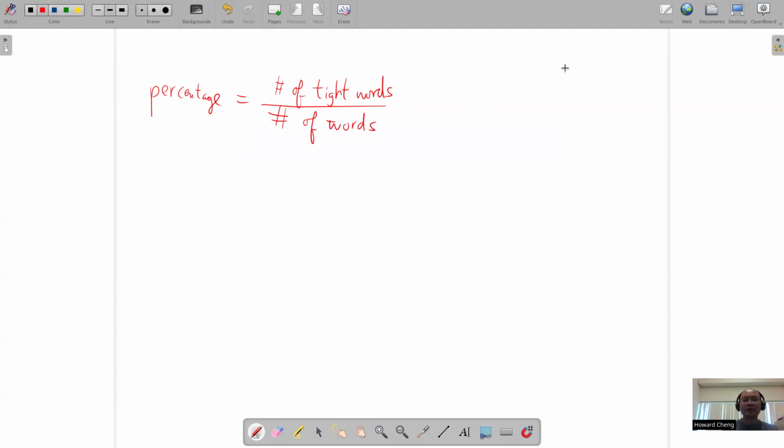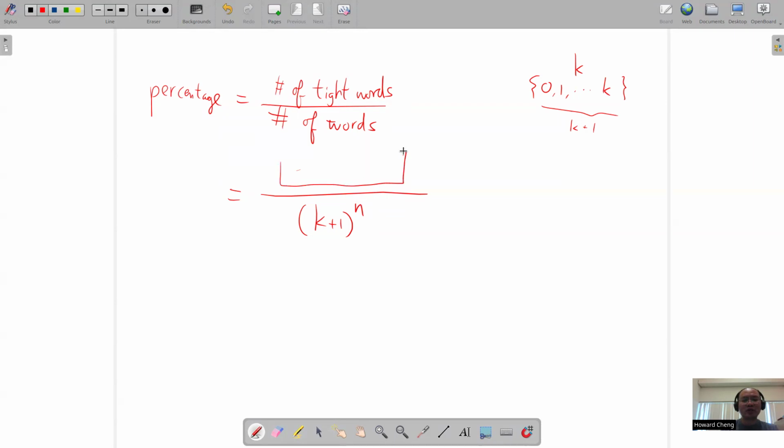Now, if you have K, whatever that is, you're allowed to do 0, 1, 2, up to K. So that means that there are K plus 1 choices. And in each position, you can choose any one of them, and there are n positions. So the total number of words is K plus 1, raised to the power n. That's the easy part, I guess.